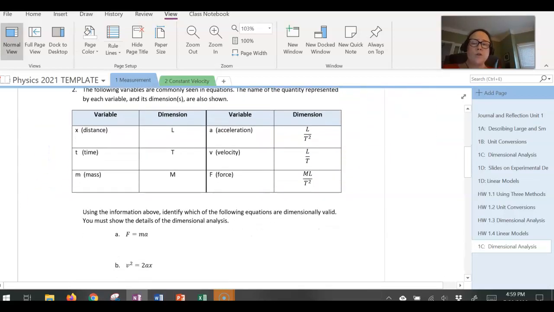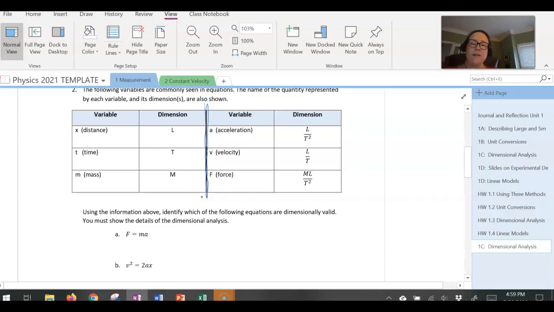Now number 2, they're giving us 4 different equations, and we're trying to find which ones are dimensionally valid. Up above, they're giving me a table, and each variable is listed, and next to it, it's showing its dimension. Notice that this table is in 2 parts, the left-hand part and the right-hand part.